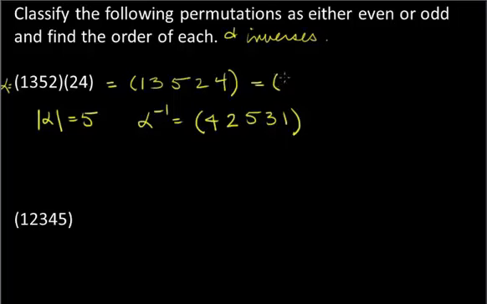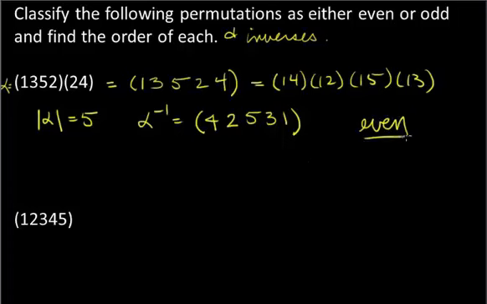I'll have 1, 4, 1, 2, 1, 5, 1, 3. And we see that there are 4 of them, so alpha is an even permutation. And gosh, this is the same kind of thing, so let's cancel that example and stop here.